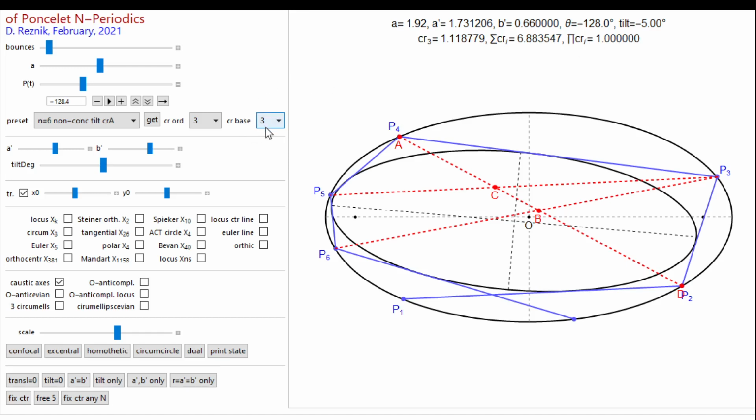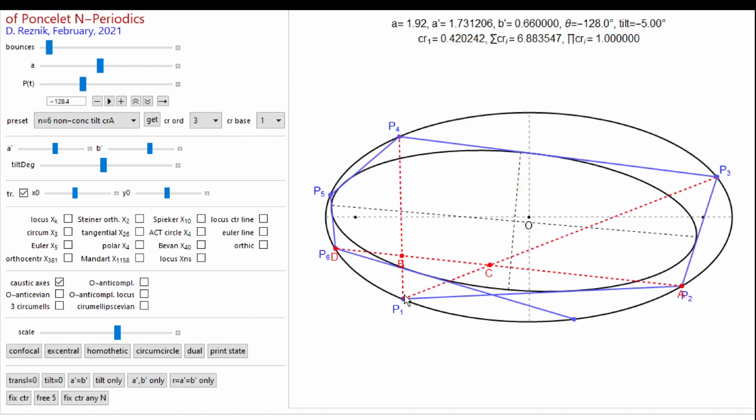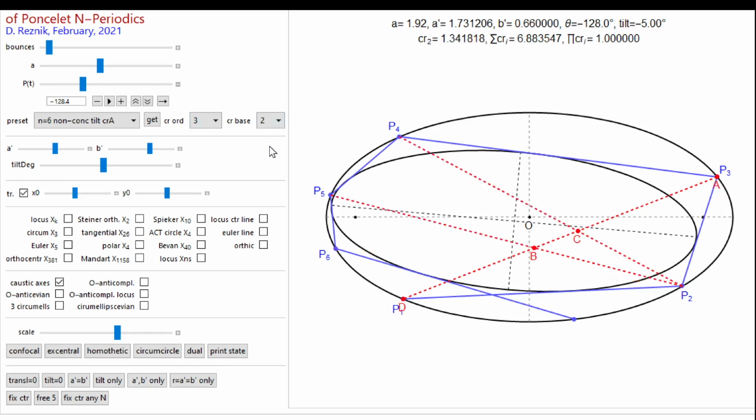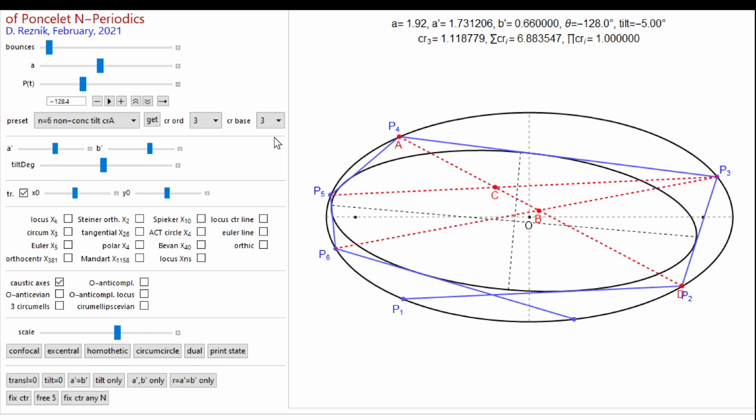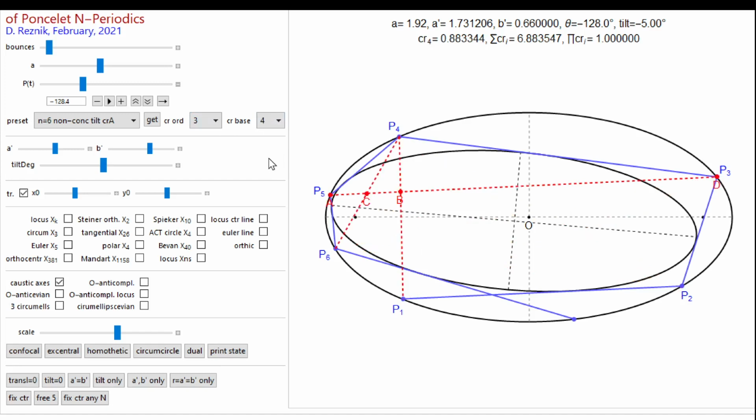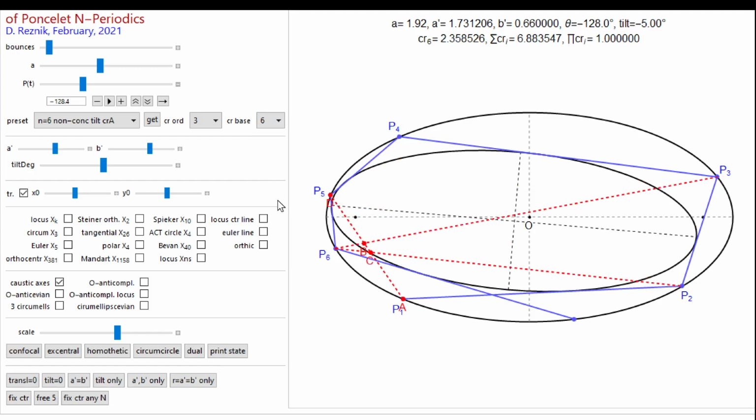If I make my base, for example, be P1, you can see here that P1 is not even a vertex of a closed n equals 6, and yet the product of these 6 constructions from each one of the vertices, here's P6, continues to produce a product of cross ratios equal to 1.